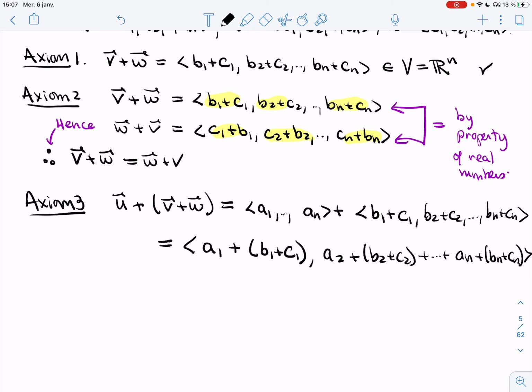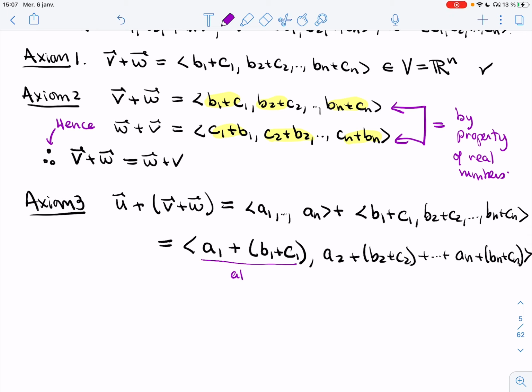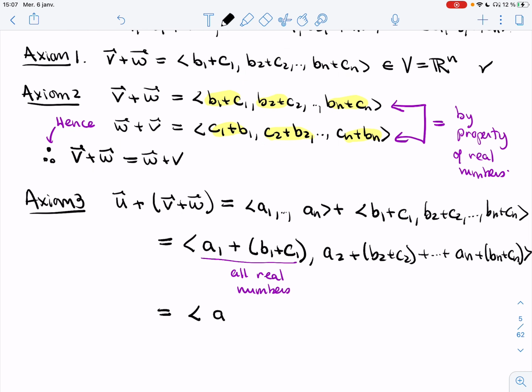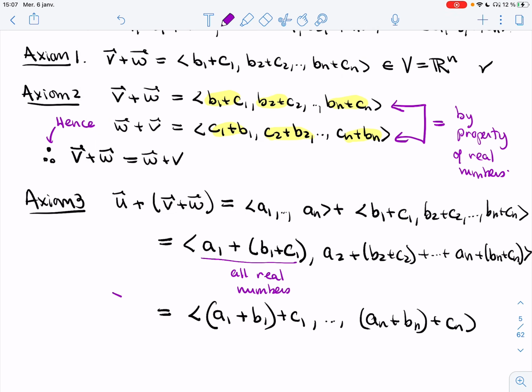All right, again, these elements here are all real numbers. And so I know that I can switch the order in which I take the addition. I can take the one between a and b first, and then the one with c. Same thing for all these entries. So again, because I'm writing it in terms of the entries, which are real numbers, here I'm actually using a property of real numbers, which we already know is true.